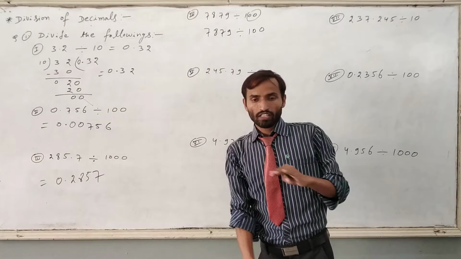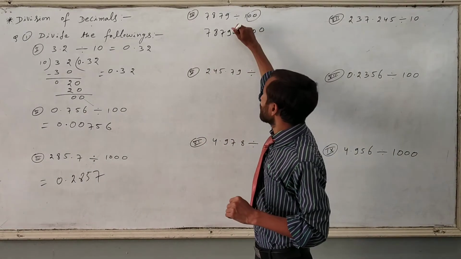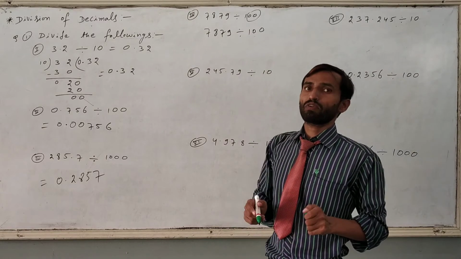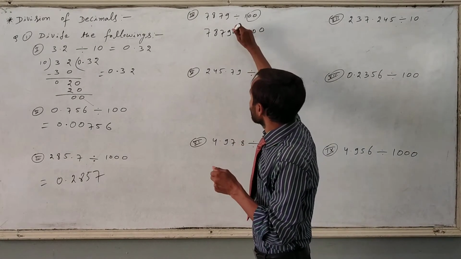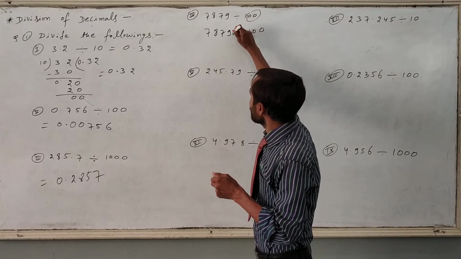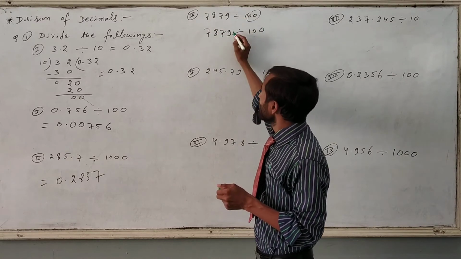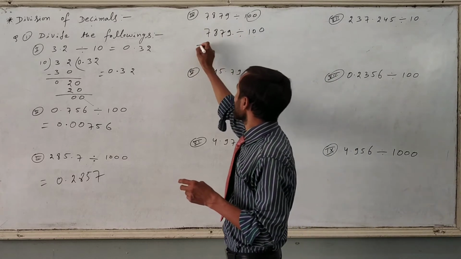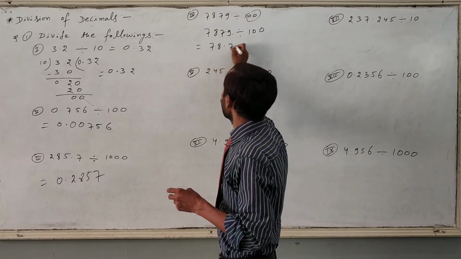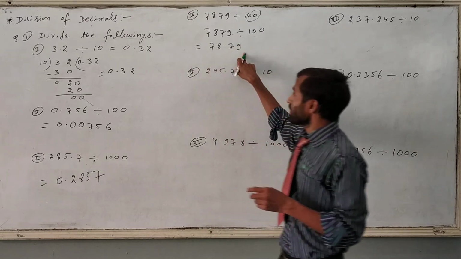If there is no decimal place, the decimal part is 0. So we have to assume the point is on this side, and this point will be shifted after 2 digits, so the answer will become 78.79. So this is the final answer.